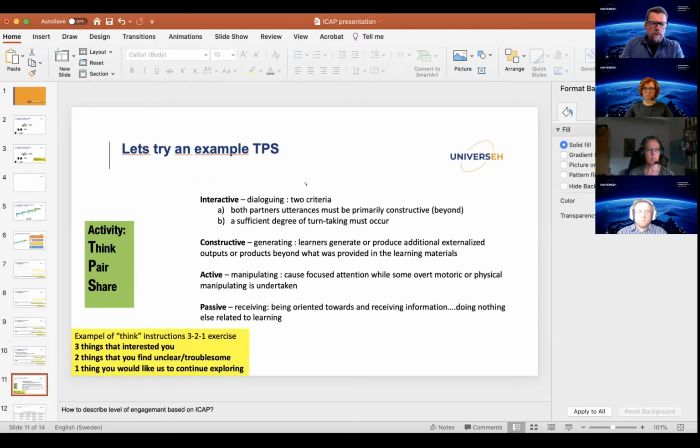So if we just try our own understanding of this model, and we think of that activity that we mentioned before, the activity of think, pair, share, you could write in the chat, at what level in this taxonomy of passive, active, constructive, and interactive do you think that activity will fit in?